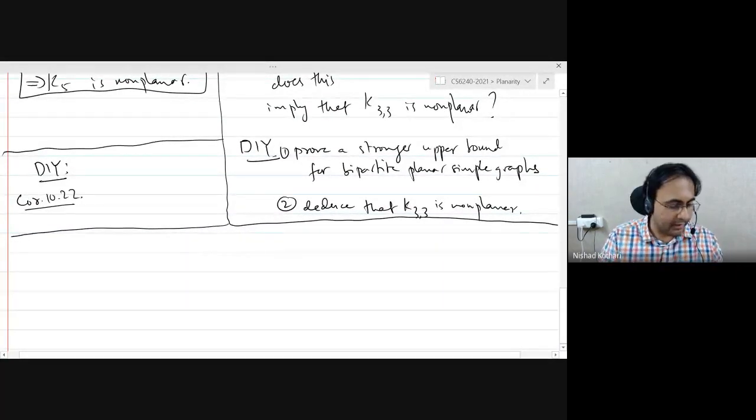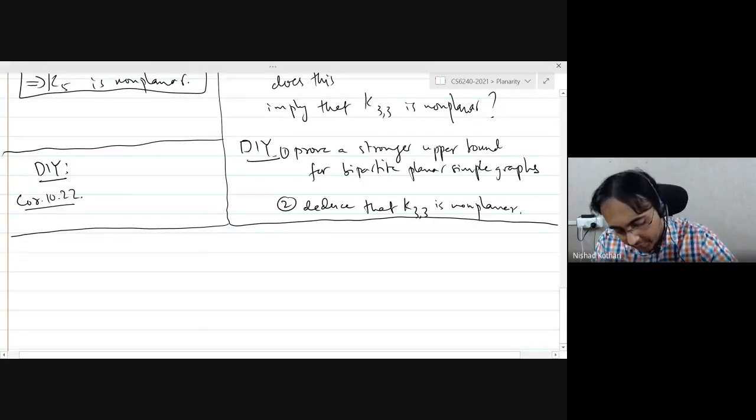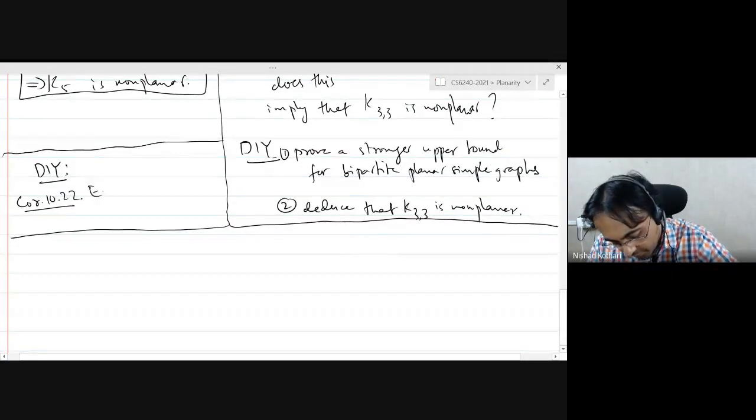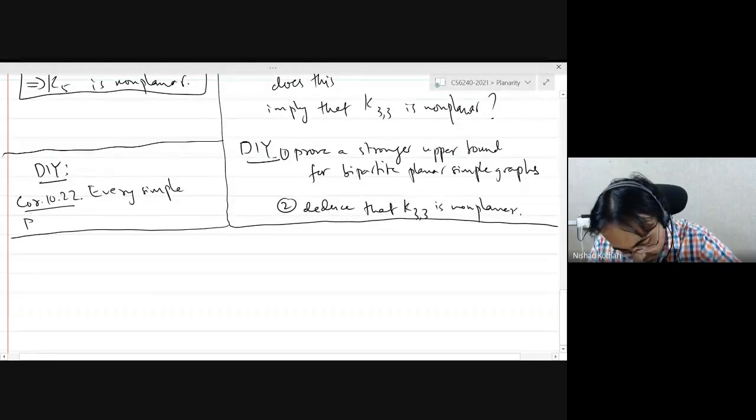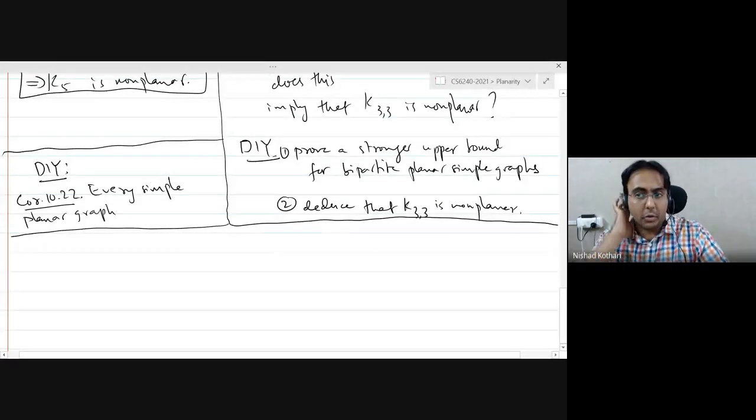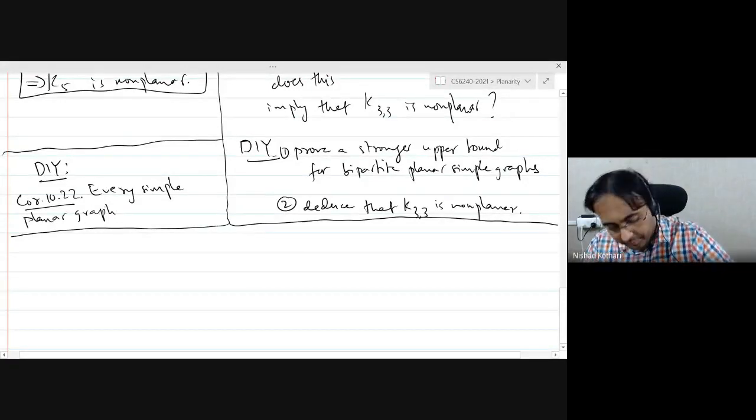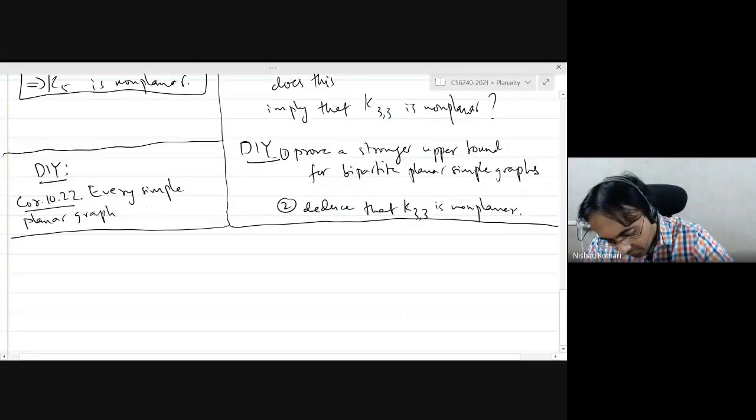Every simple planar graph has a vertex of degree at most 5. This will be useful to us when we go to coloring graphs, which is the next module after planarity.